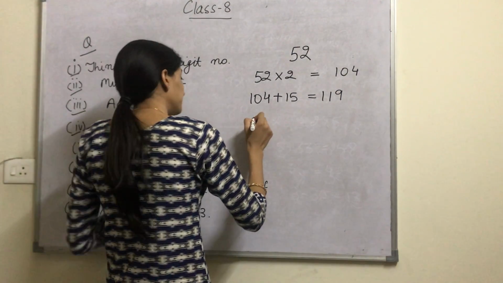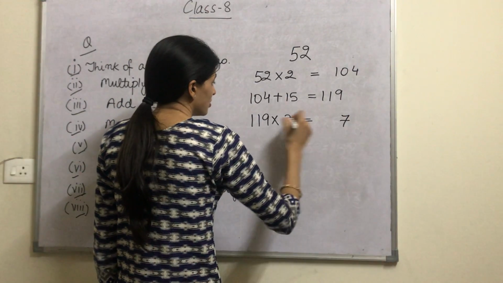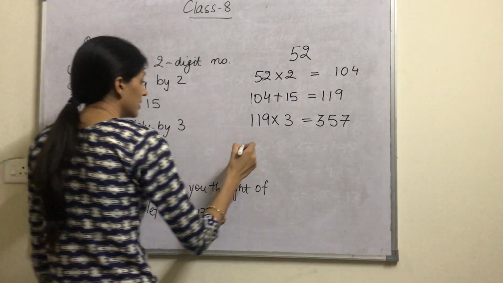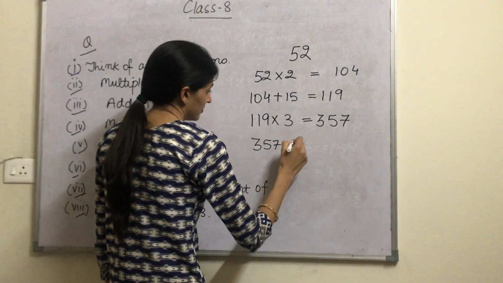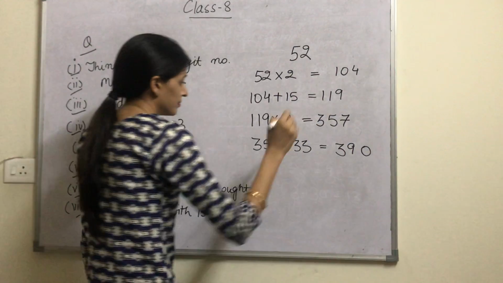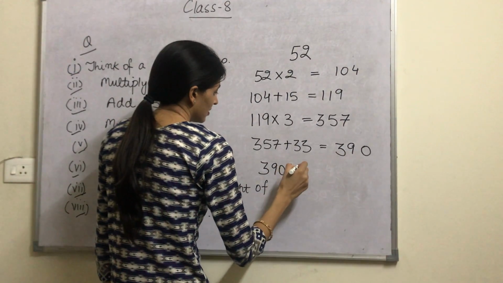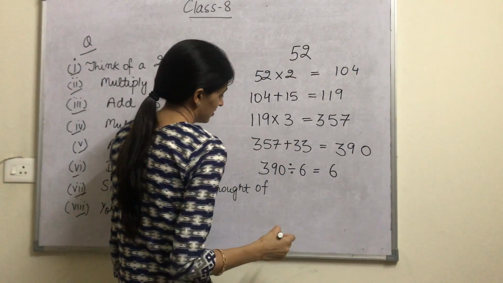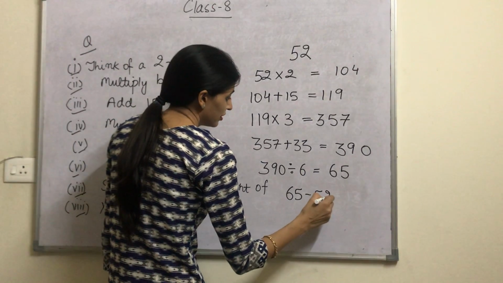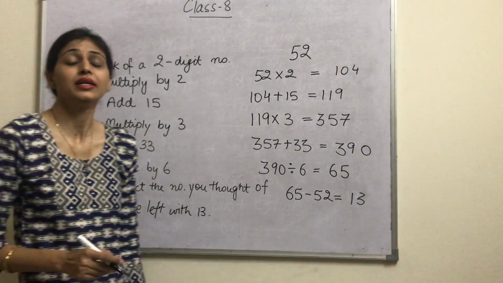Multiply by 3. Subtract the number you thought of. So in this way again you are left with 13.